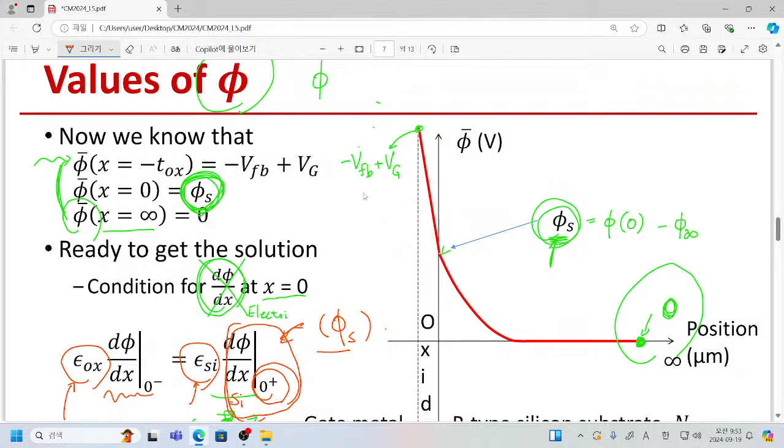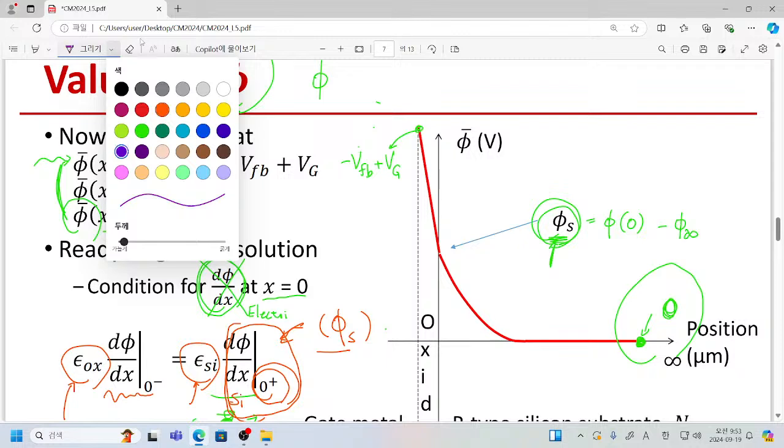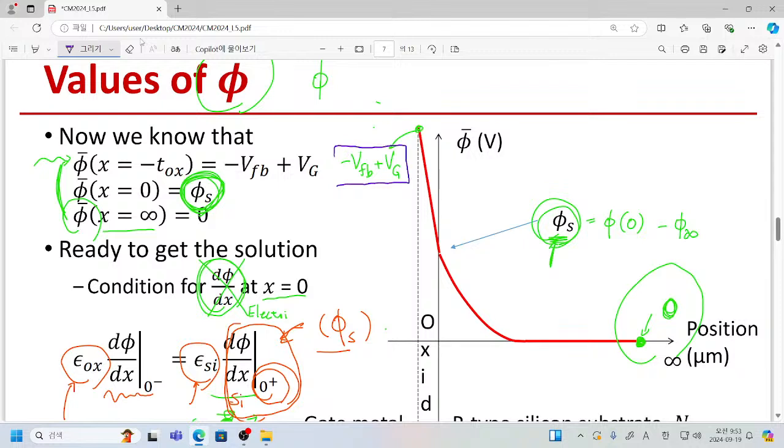So let me just do it. Now here you have the value of minus flat band voltage plus Vg, and here you have the surface potential. In order to calculate the slope of this straight line, what you have to do is just take the difference between phi s minus flat band voltage and Vg.